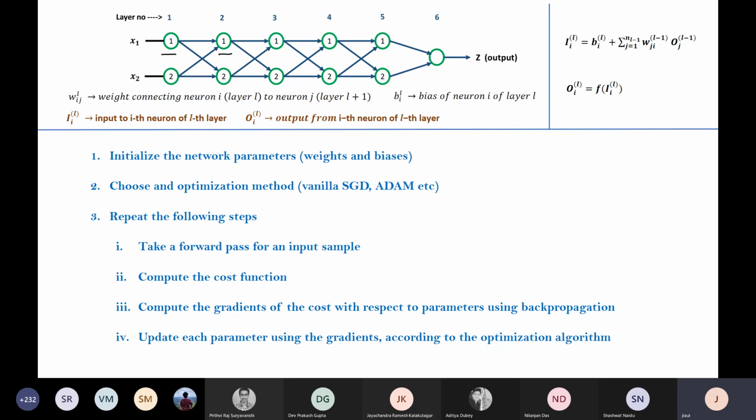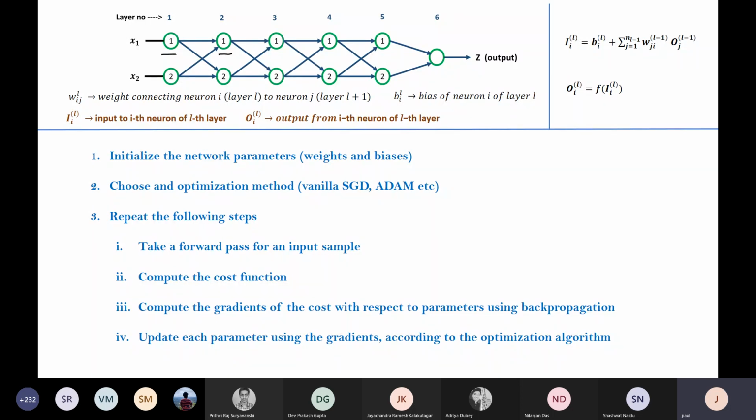That is the whole process of training a deep neural network. Repeating means repeating a certain number of times. People call this an epoch, meaning a whole pass over the data. You can take 100 epochs, 20 epochs, and so on.